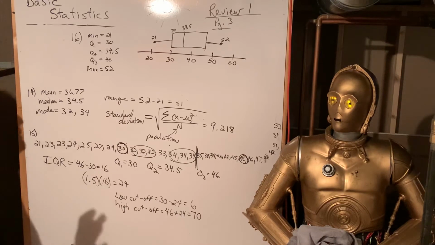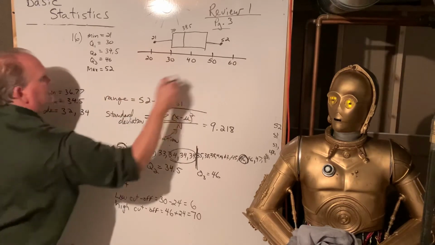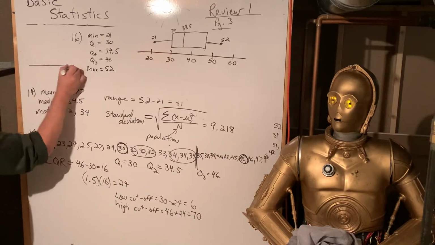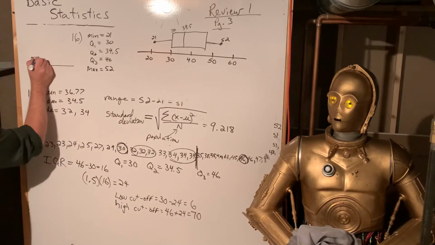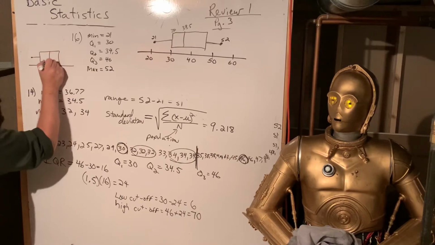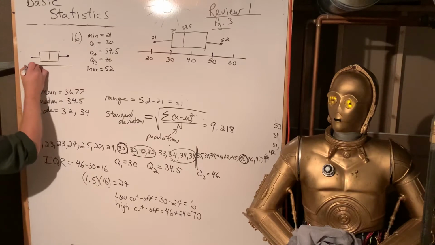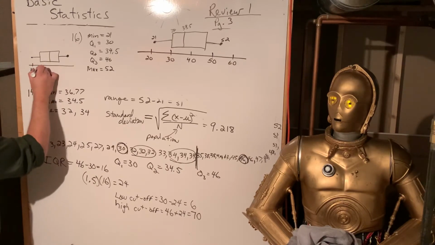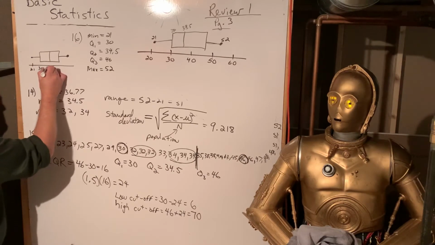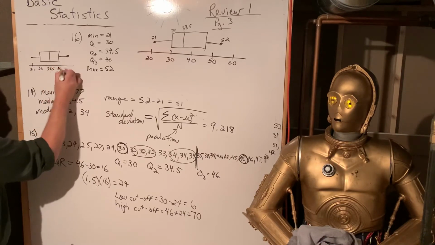So let me show you what a lot of students have done in my career. They don't put this across the bottom. They just jump right here and they always make box plots look perfectly symmetric. And then they just force the numbers in there. So they say, oh, okay, so this is 21, and this is 30, and this is 34.5, and this is 46, and this is 52.